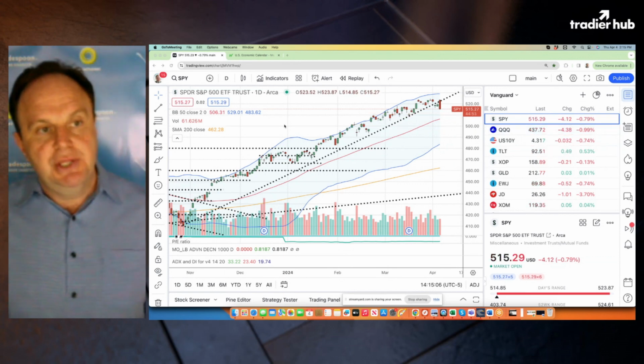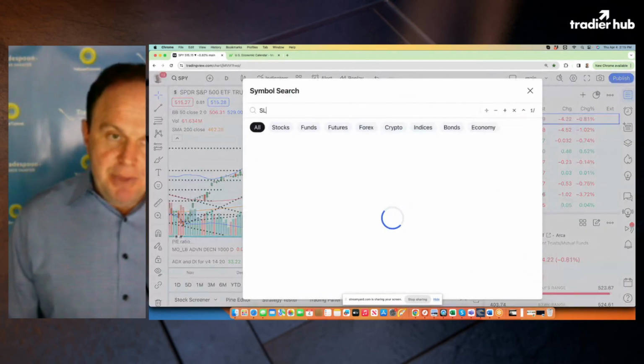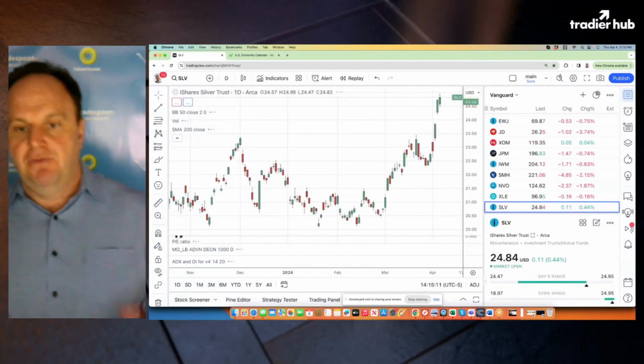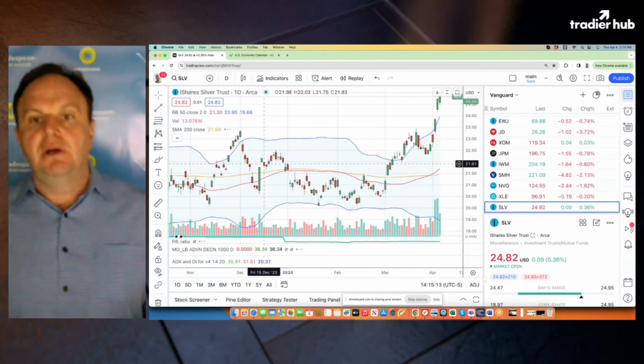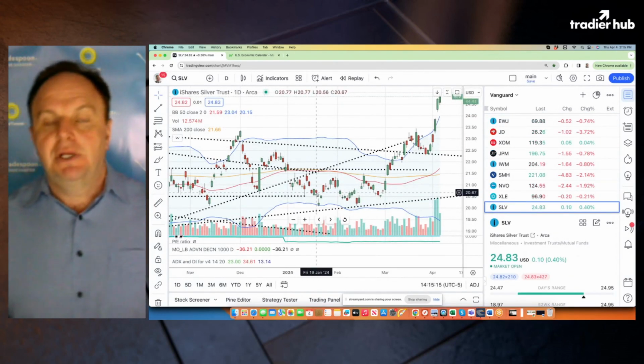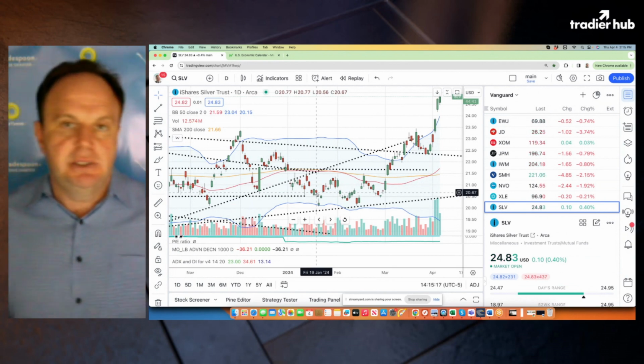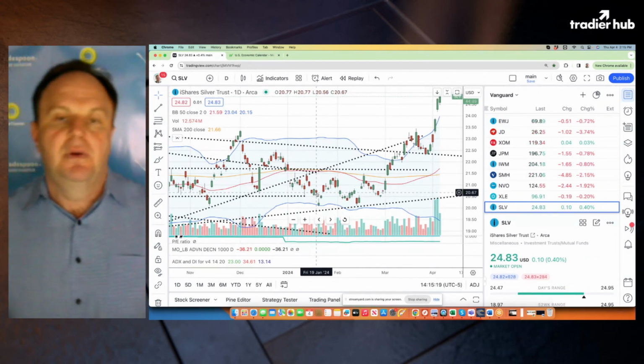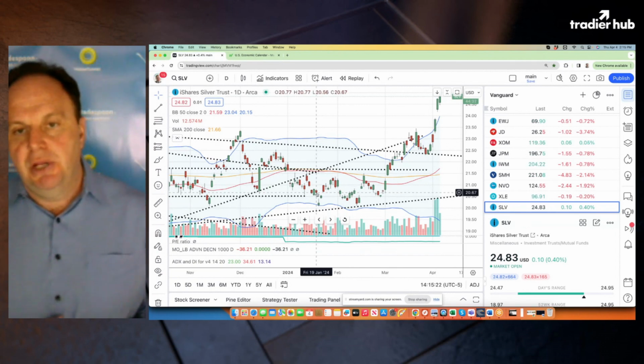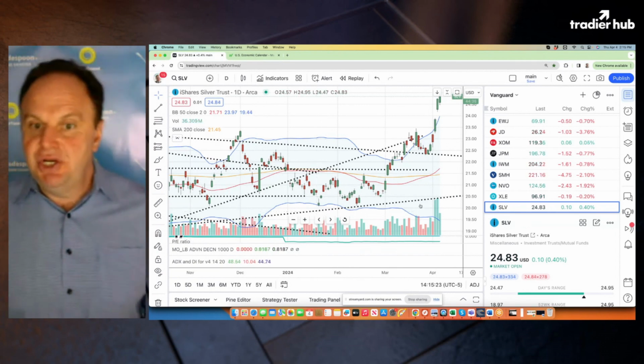The only divergence that does not make sense and has persisted since the beginning of the year is silver and gold. They're consistently moving up in a parabolic shaped move with extreme volumes.